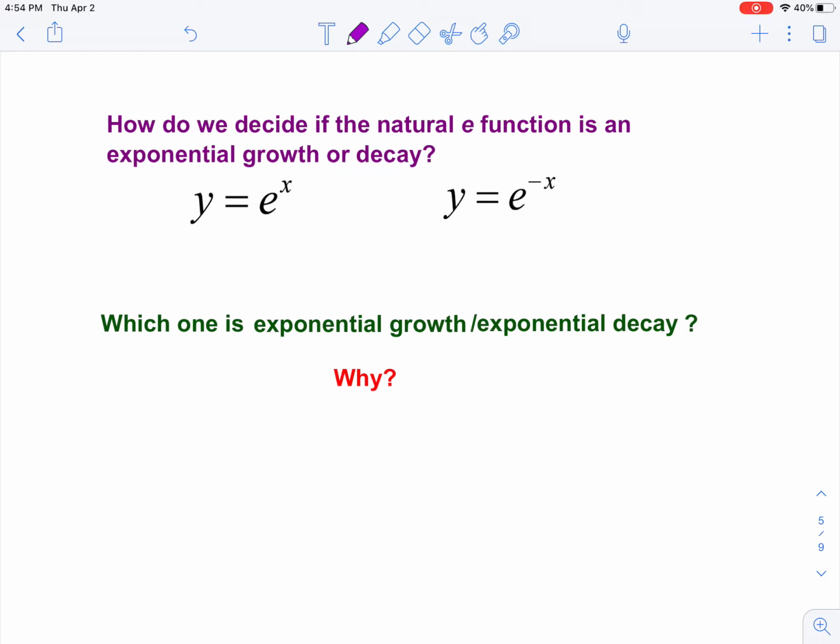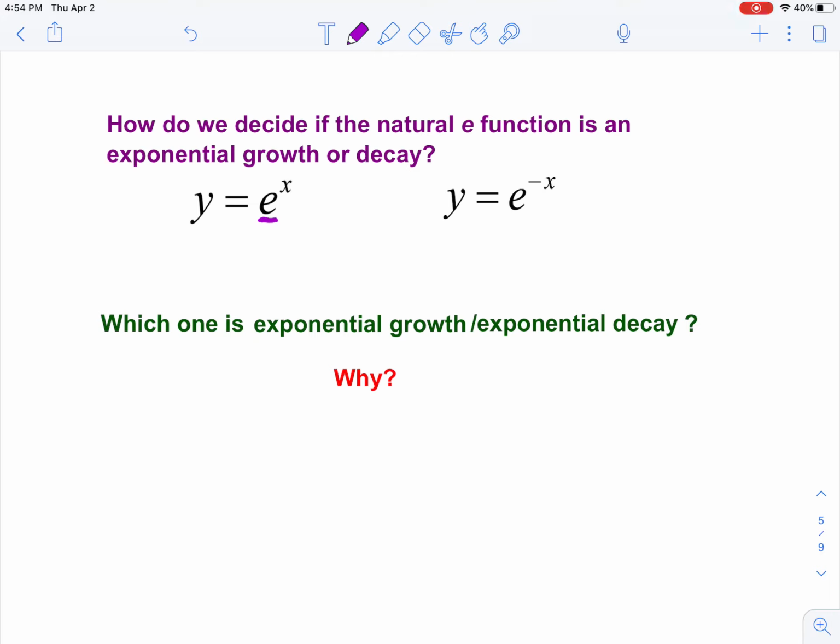They're almost gone. Okay. So the way that we find out if the natural e function is a growth or decay is I have this value right here. Is that b value greater than or less than 1?